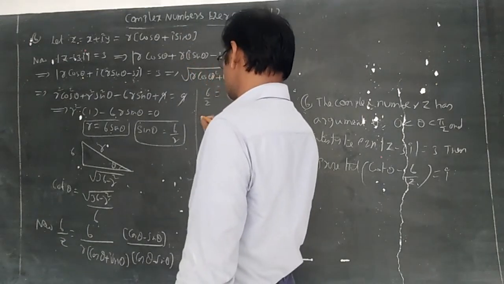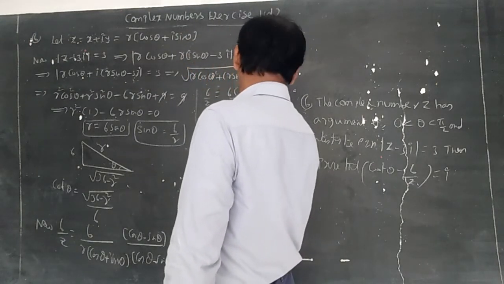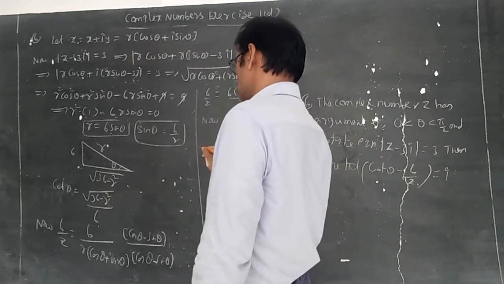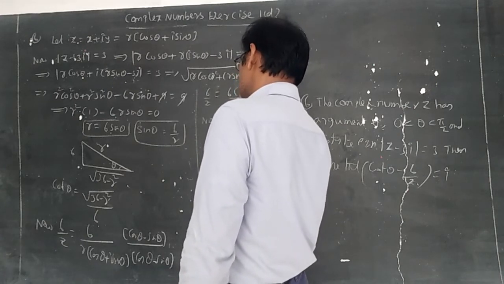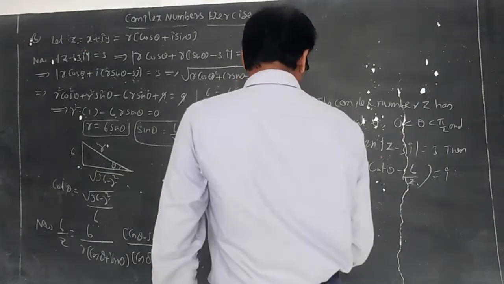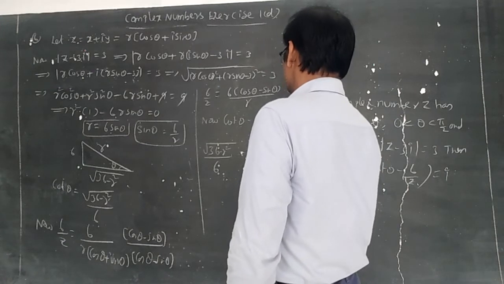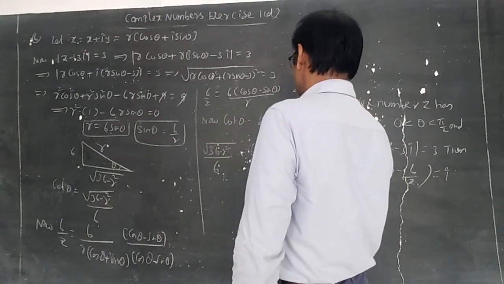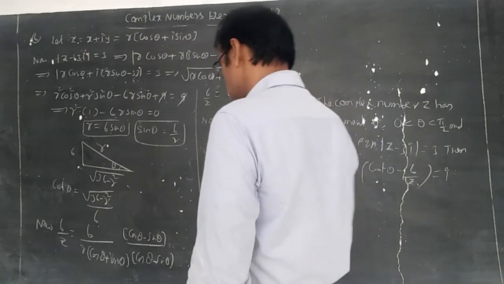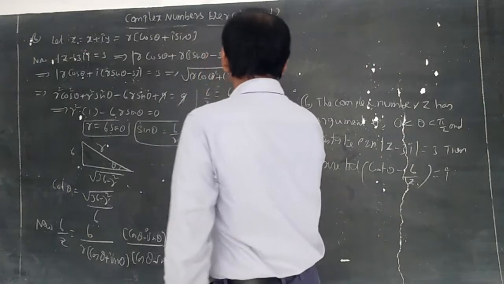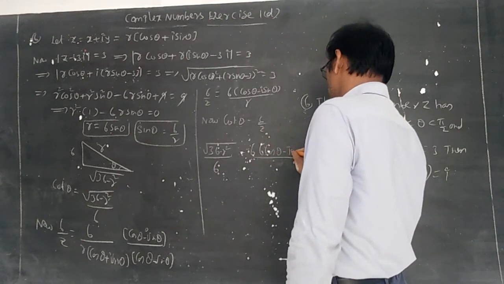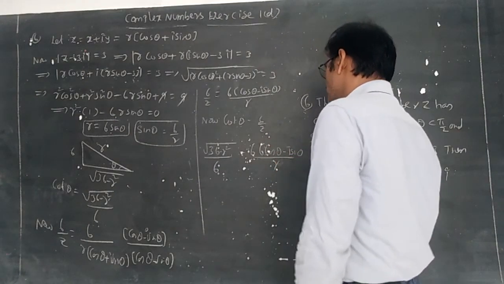Cot theta means root of 36 minus r square by 6, minus 6 by z, 6 into cos theta minus i sin theta, whole by r.